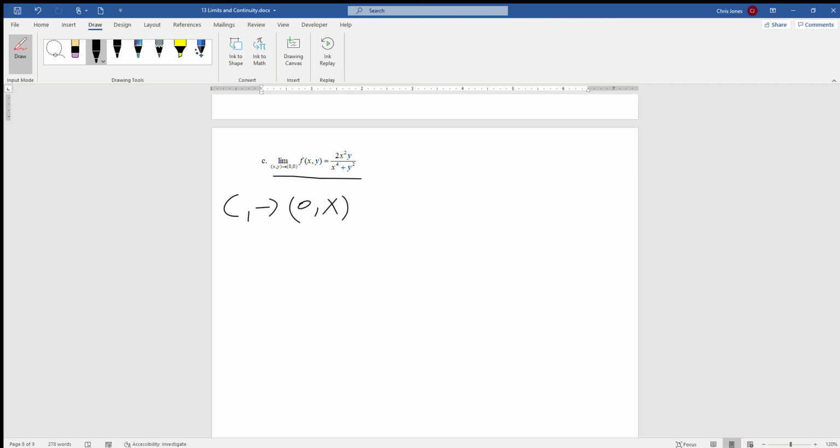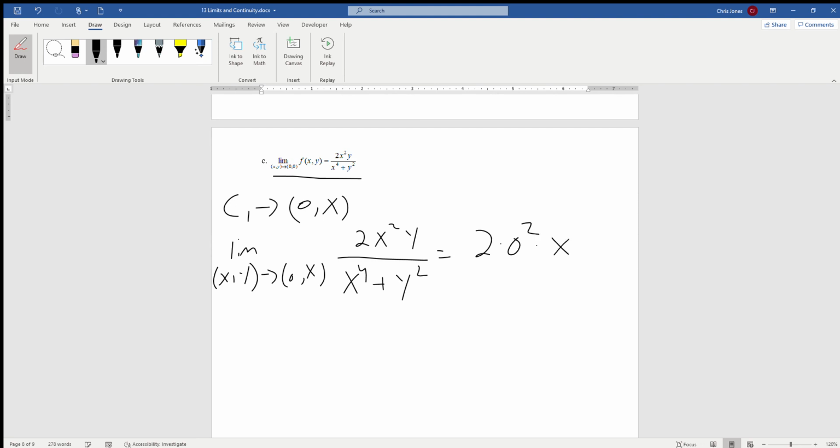And so if I do that, the limit as xy approaches 0x of 2x squared y divided by x to the 4th plus y squared is going to be equal to 2 times 0 squared times x.